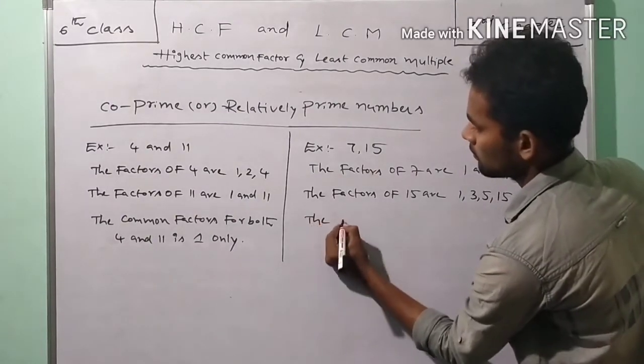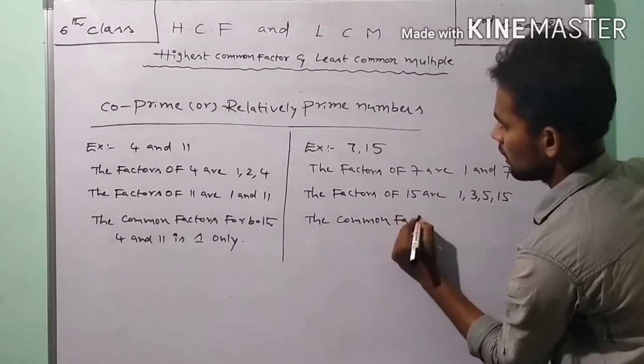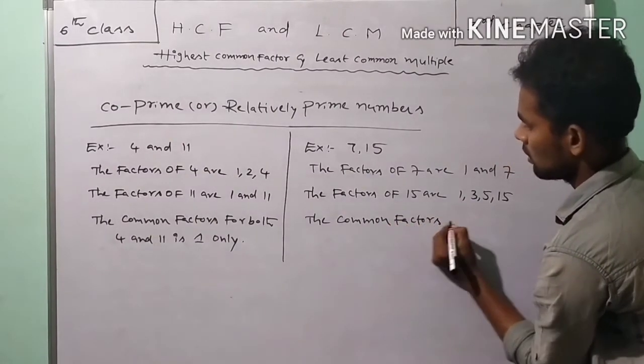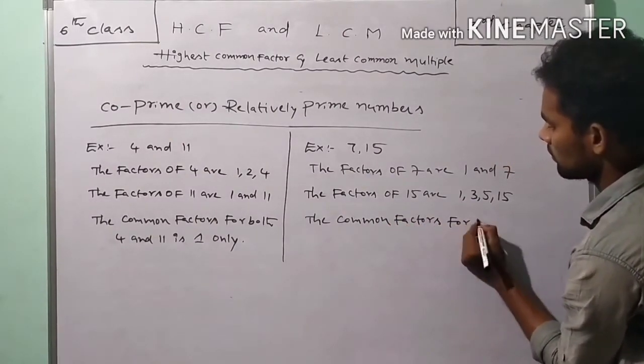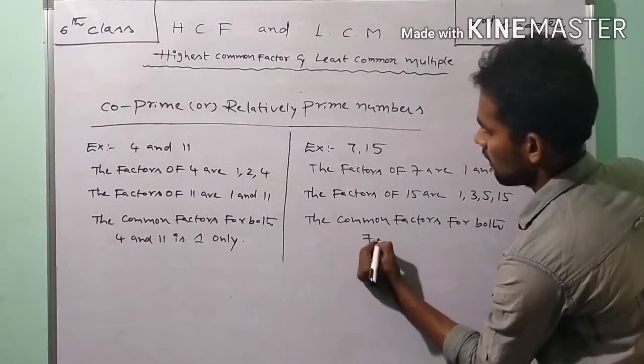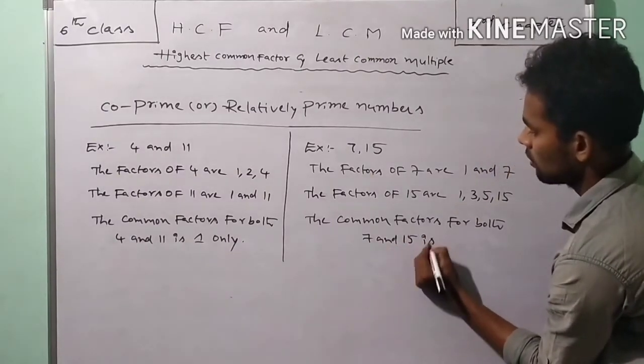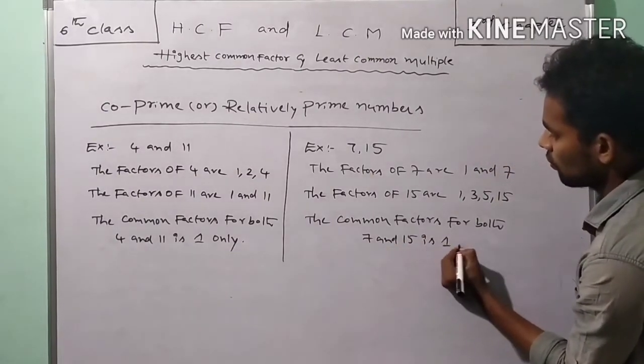The common factor for both 7 and 15 is 1 only.